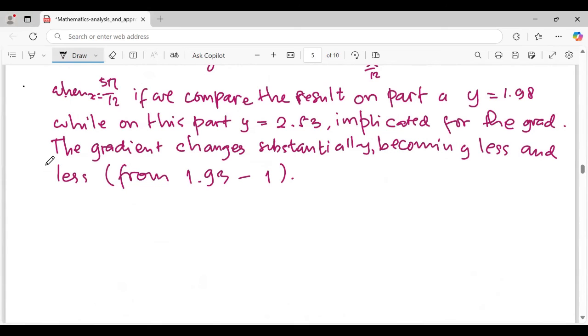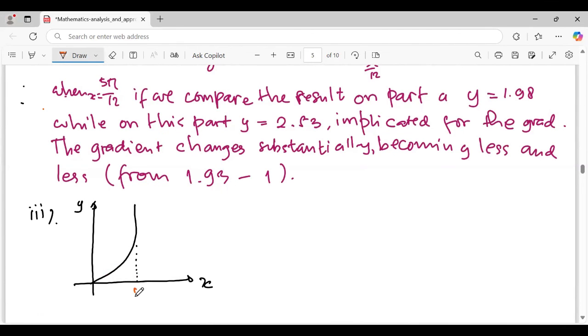If you look at part 3, the diagram is like this: y, x, pi half, 0.